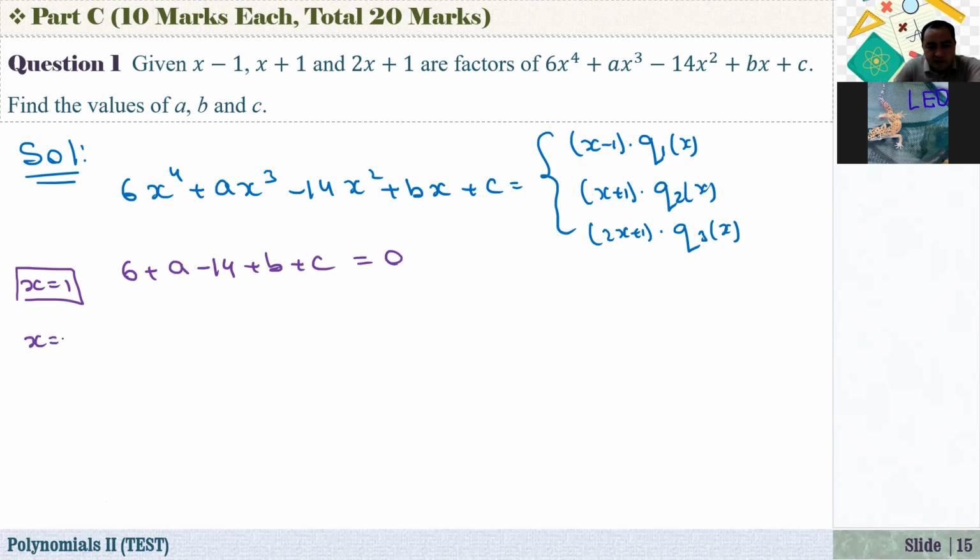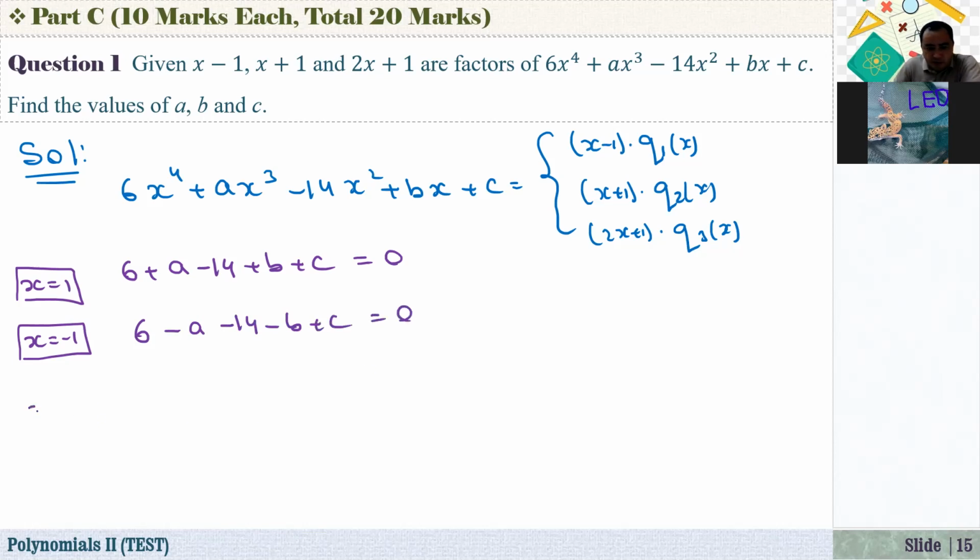And if x equals negative 1, again, it should be equal to 0. 6 times negative 1 to the power of 4, that is 6. And here we have x cubed, that's minus 1 cubed, that is minus a. And here we have minus 14 minus b plus c is equal to 0.